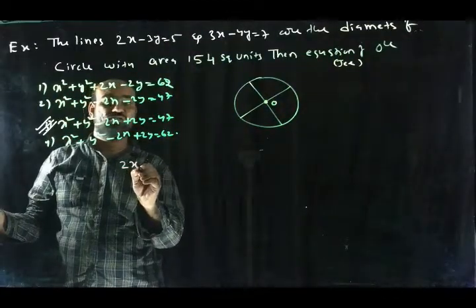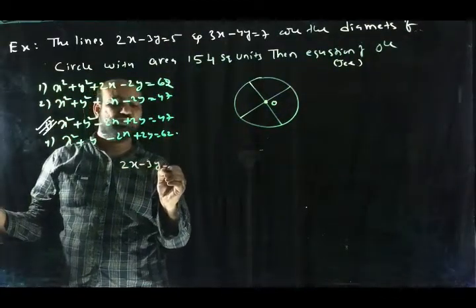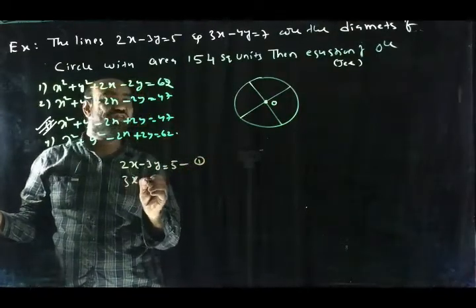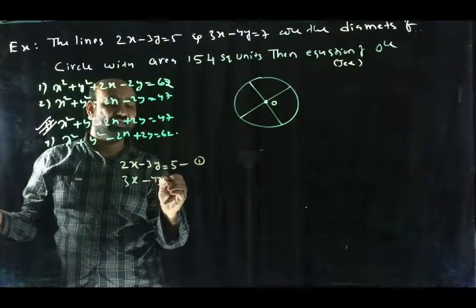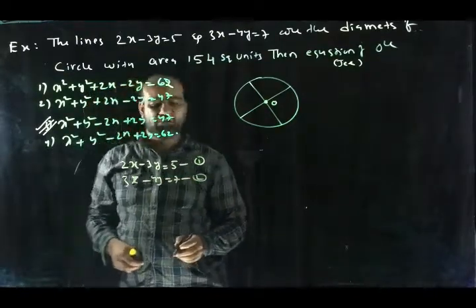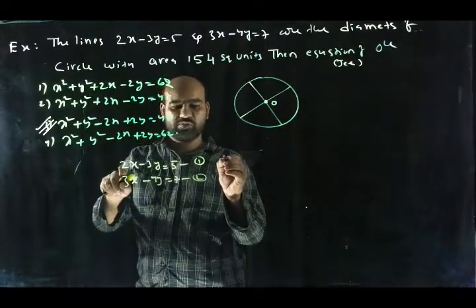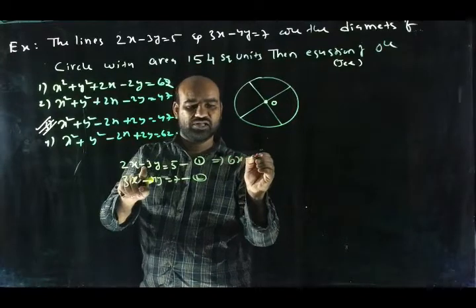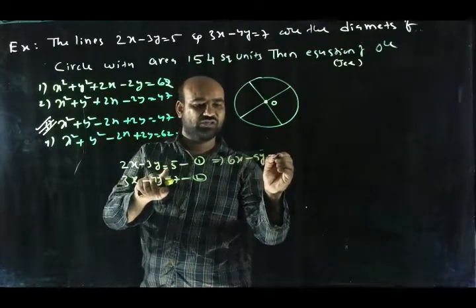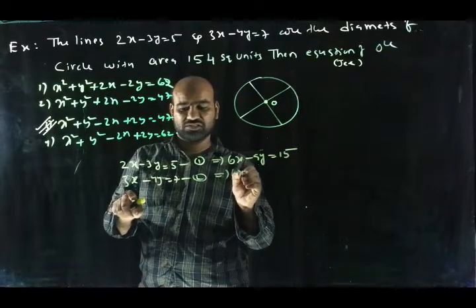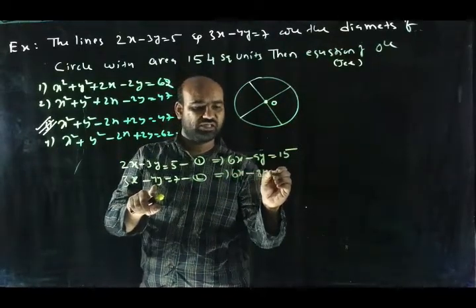First equation is 2x minus 3y equal to 5. Second equation is 3x minus 4y equal to 7. So I am using the elimination method to find x and y. This is multiplied with 3: 6x minus 9y equal to 15. This is multiplied with 2: 6x minus 8y equal to 14.